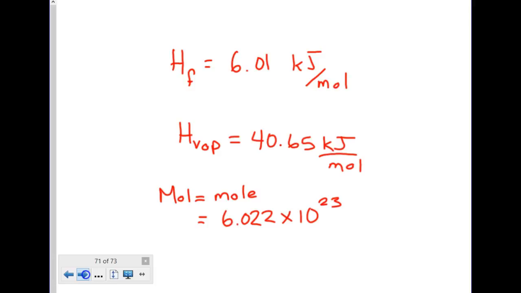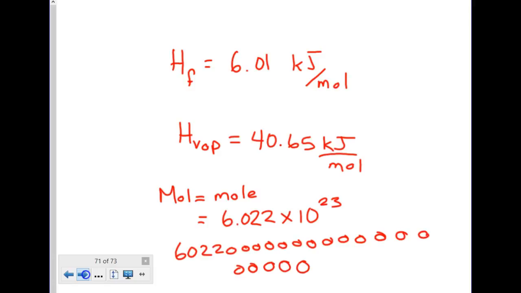So that means that if you were to go to Tim Hortons and ask for a mole of Timbits, they would need to count out that many Timbits for you. That's a lot.